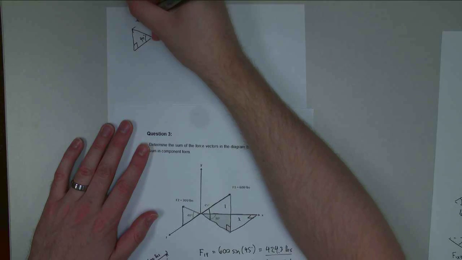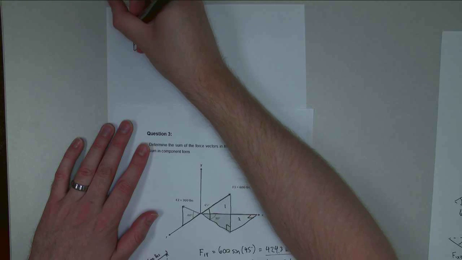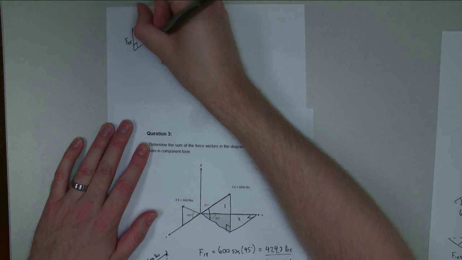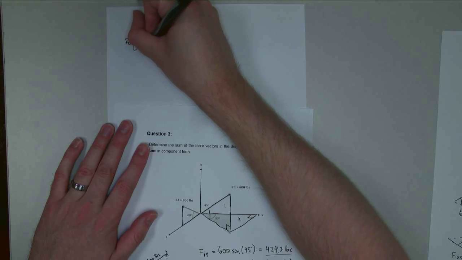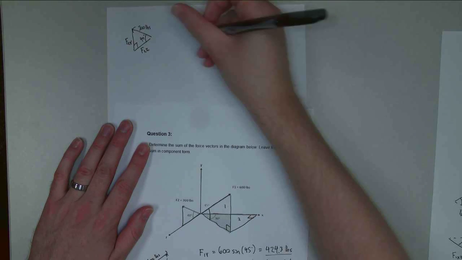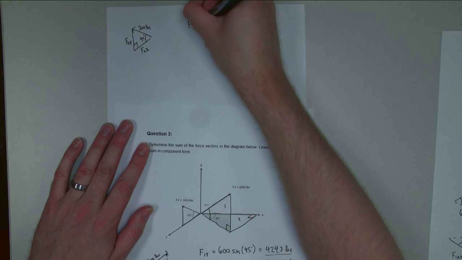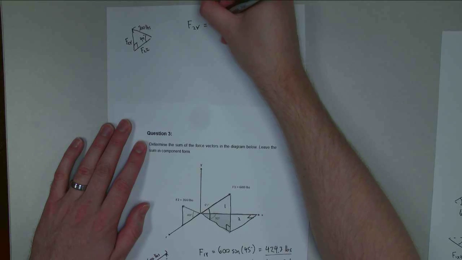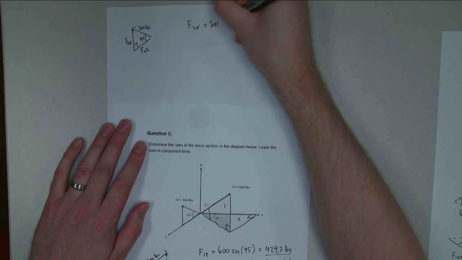Alright, so if this hypotenuse is the magnitude of the vector, this is 300 pounds. The vertical part of this is going to be F2y, and the horizontal part of this is in the z direction. This is F2z. Alright, so F2y is going to be the hypotenuse, so 300 pounds, and is the opposite side, so it's the sine of 40 degrees.